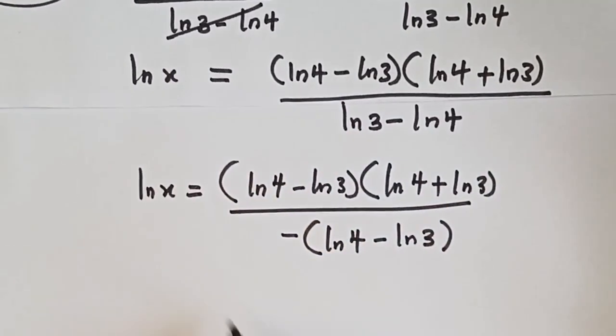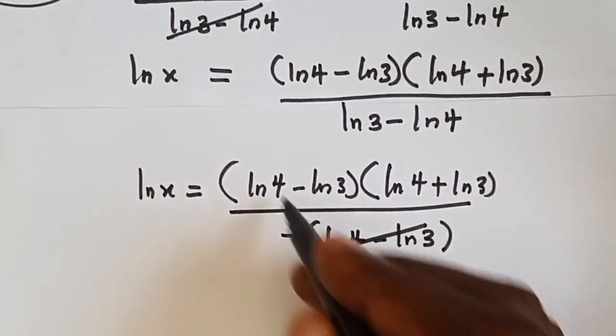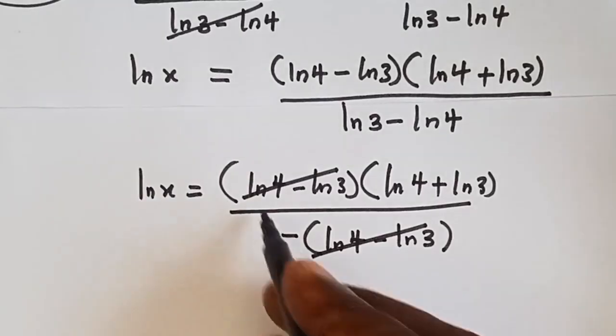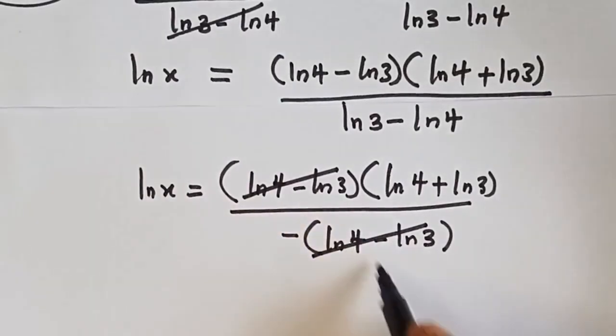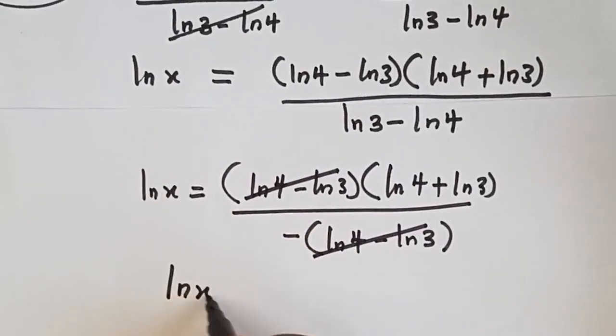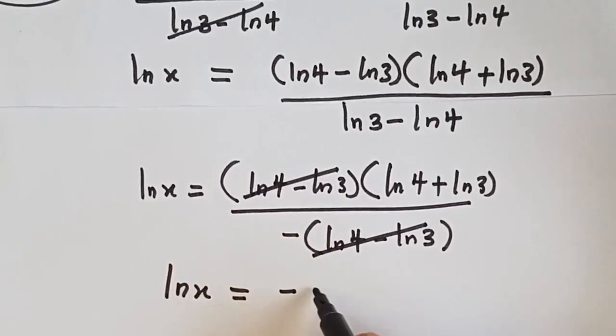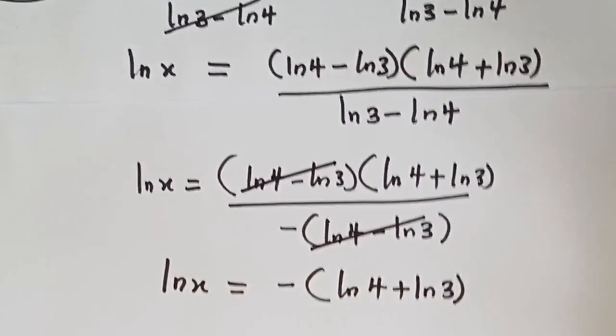So from here we can successfully divide, because we have ln 4 minus ln 3 in both places. Then we have ln x equals minus (ln 4 plus ln 3).